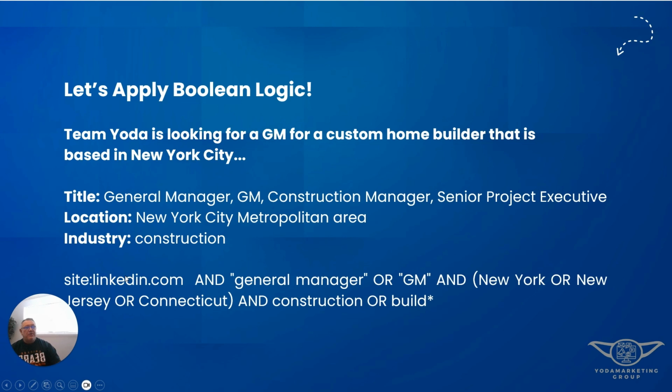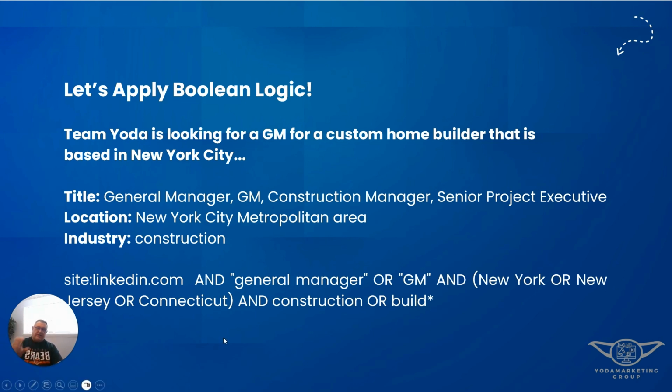So what we're going to do is build out a Boolean string, right? And this is a site syntax search. So we have the site and then LinkedIn.com and general manager or GM and New York or New Jersey or Connecticut, because if you look at the map, the New York City metropolitan area encompasses parts of all three of those states.